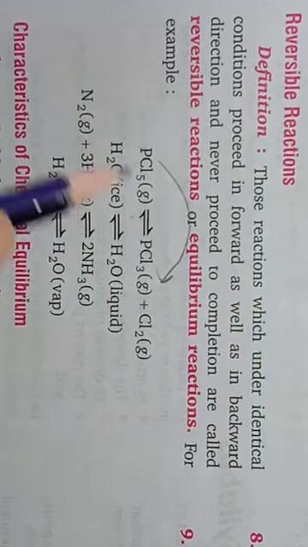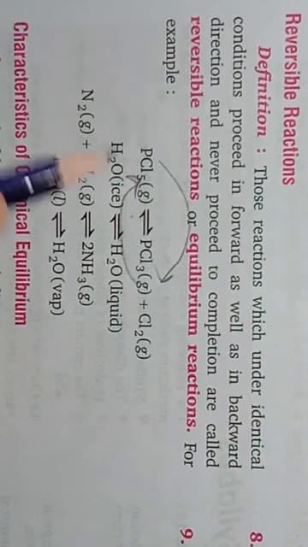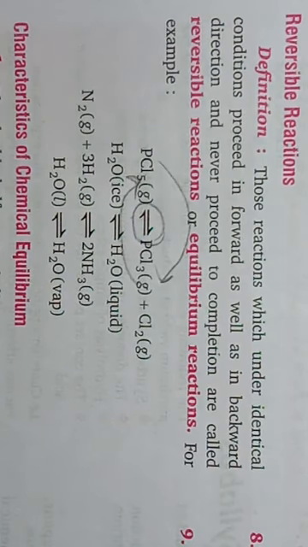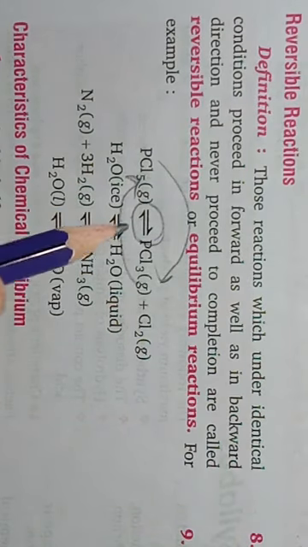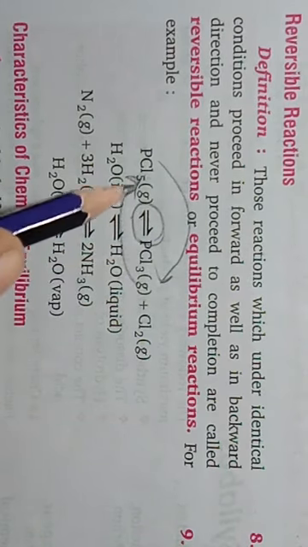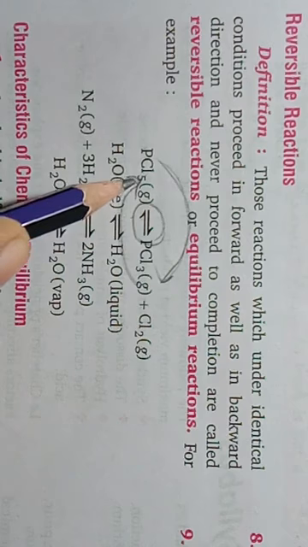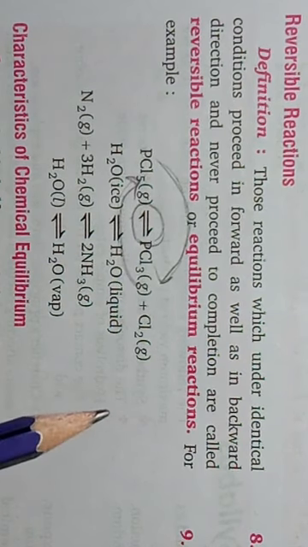The next type of reactions are reversible reactions. These are the reactions which are bidirectional, from reactant to product and again from product to reactant, and are shown by the reversible sign. These are known as reversible reactions, in which both forward and backward reactions take place simultaneously.